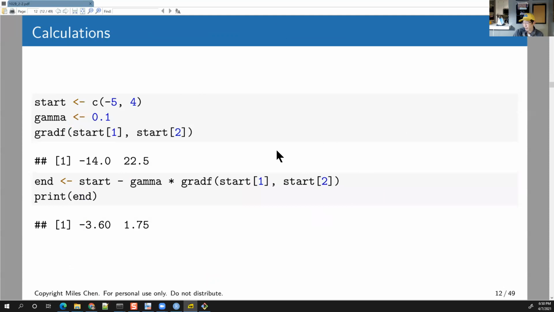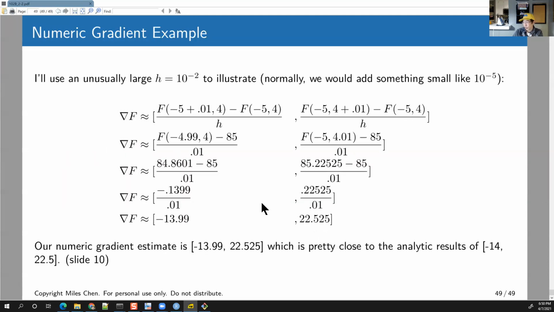Or if I used the answer over here using the vector calculus, I'm still getting -14, 22.5. So I would feel confident about my answer here, okay? Because the numeric gradient is hard to mess up, okay? You don't have to do any kind of calculus or any kind of analytics.